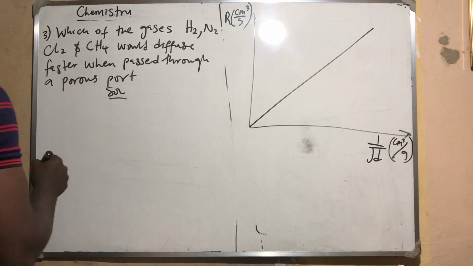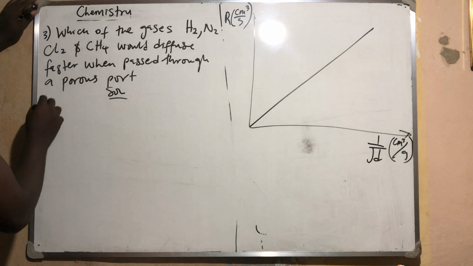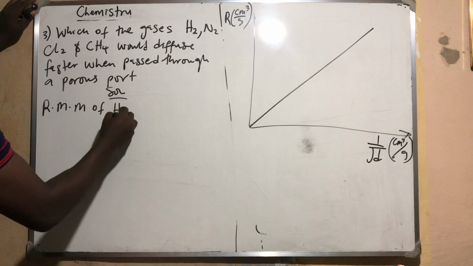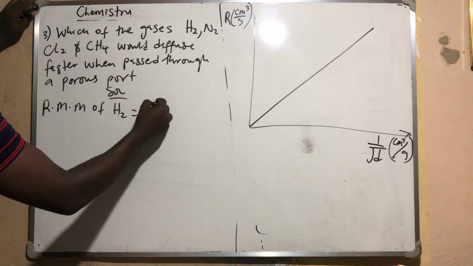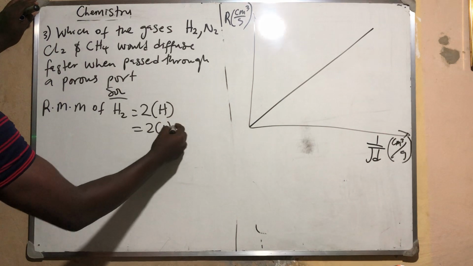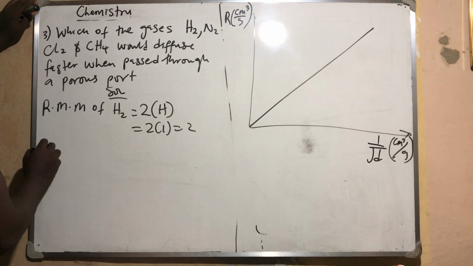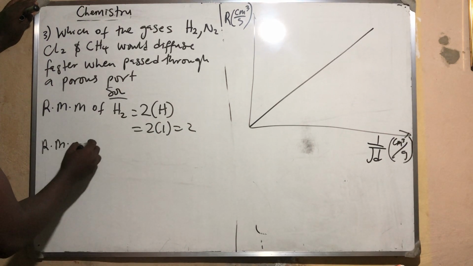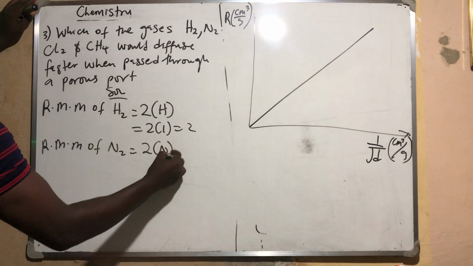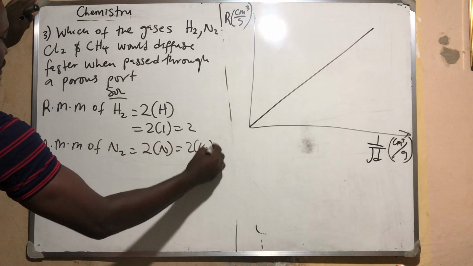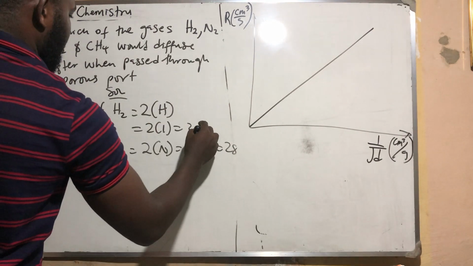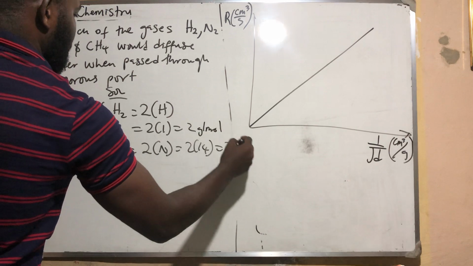The first thing we need to get is their relative molecular mass. The relative molecular mass of H2 is 2 times H, which is 2 times 1, which is 2. The relative molecular mass of nitrogen, N2, is 2 of N, which is 2 of 14, which is 28 gram per mole.